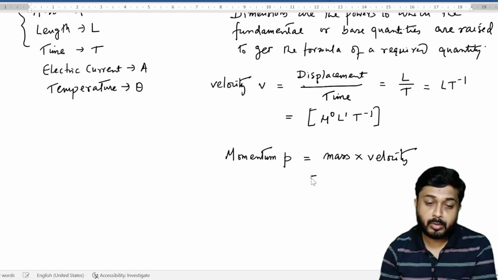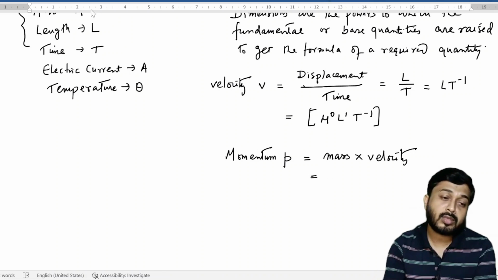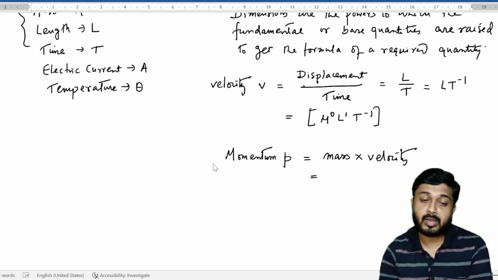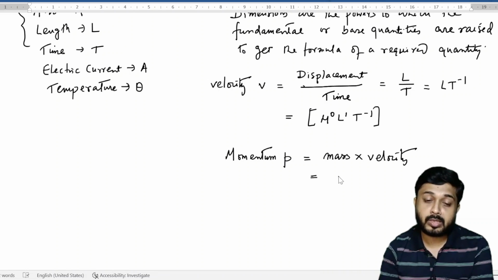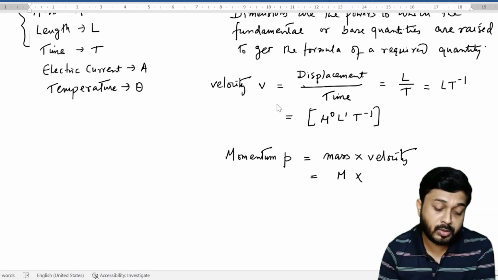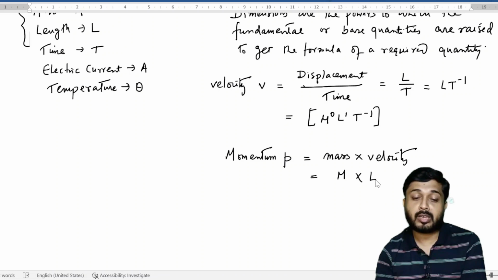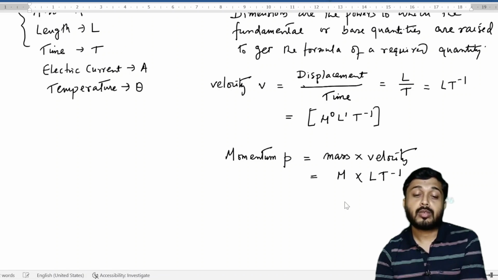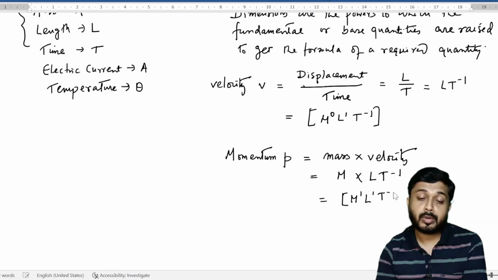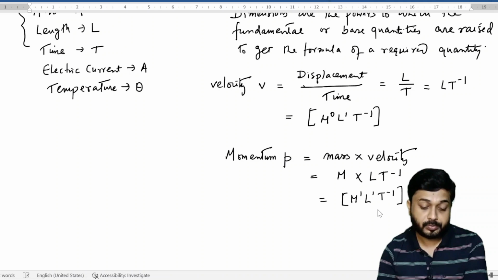Mass is something which we denote with capital M, as I told you before. Mass M multiplied by velocity. The dimension of velocity we got already, L T to the power minus 1. So all we are getting at the end is M to the power 1, L to the power 1 and T to the power minus 1.